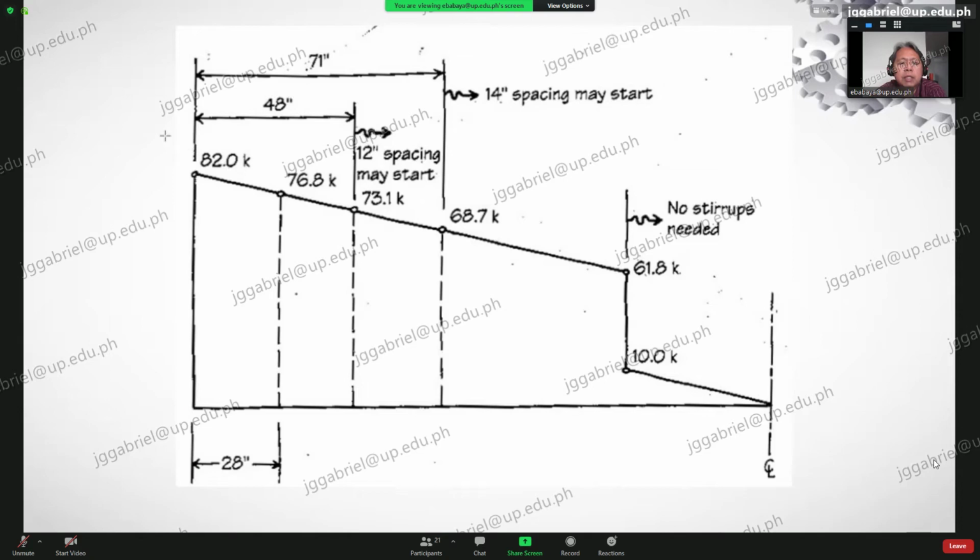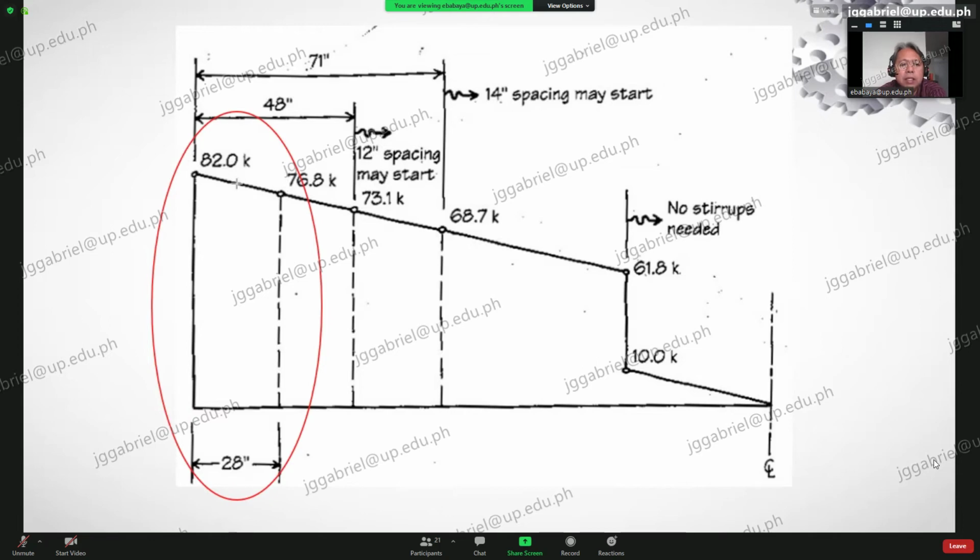When we say critical region, this is where we have to put great importance, because this is where our beam fails due to shear, since that is the part where the shear is greatest. At this point you already have your support. But from your support up to a region which is d away from the support, this is the dangerous part.